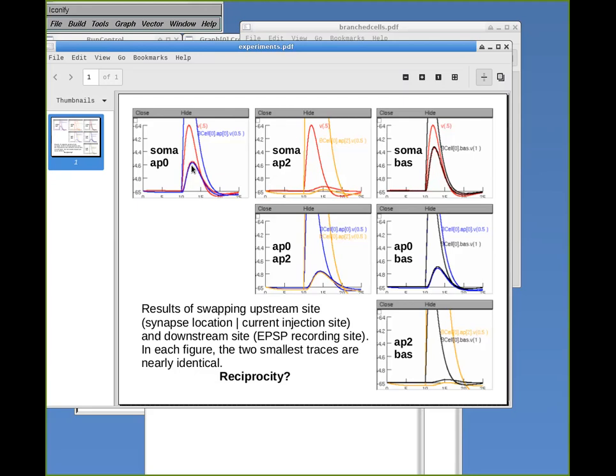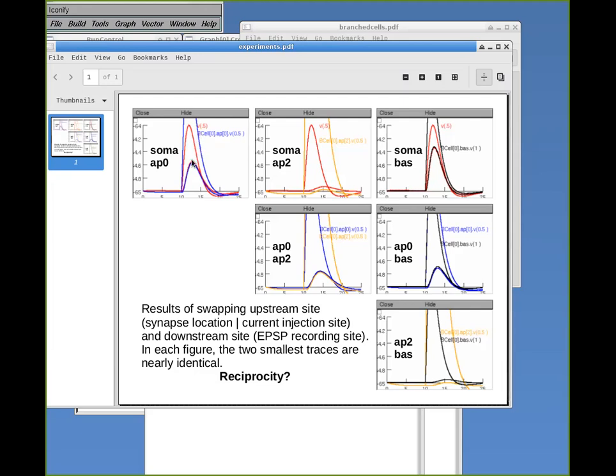And then I swapped which site had the synapse and where I was recording. So now I made the synapse out in the middle of apical 0. Then the apical 0 had the bigger membrane potential response, and soma had the smaller response. So the color of the trace here is the location where I'm recording from, and whether the potential at the soma is bigger or in apical 0 is bigger, tells you where the upstream electrode is, where the charge is being dumped into the cell.